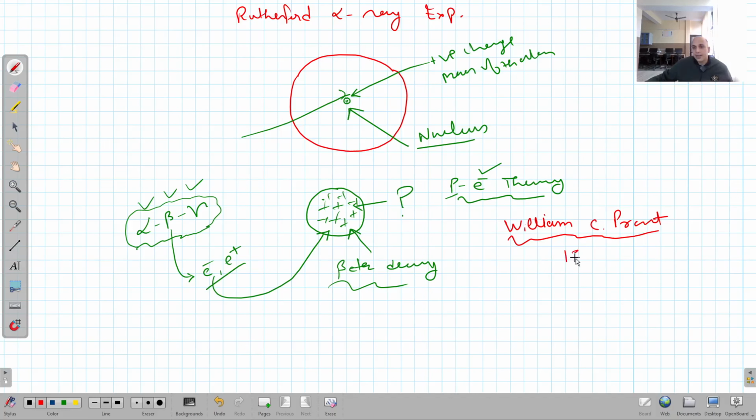In 1815, he published a study in which he stated that the atomic weight of most of the elements known at that time was an integral multiple of the atomic weight of a hydrogen atom, 1H1.